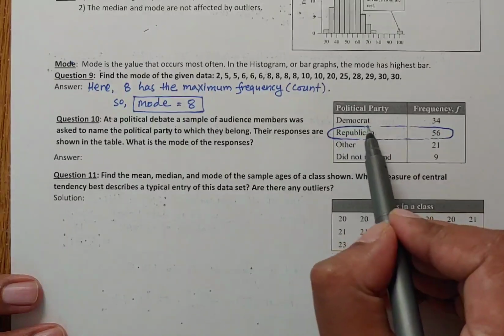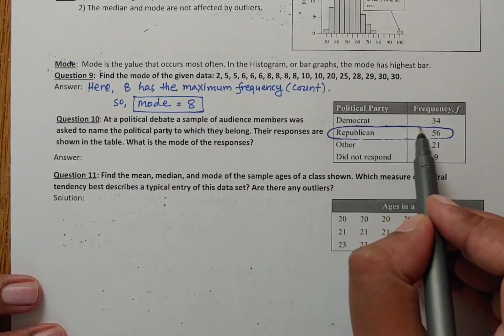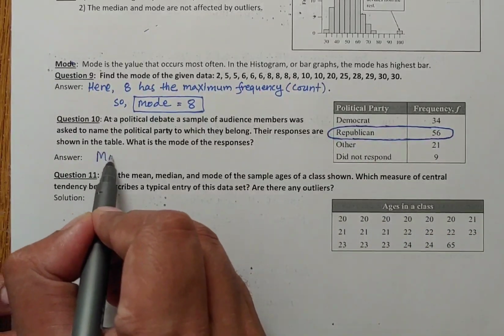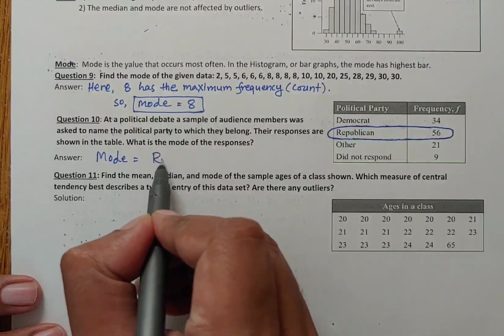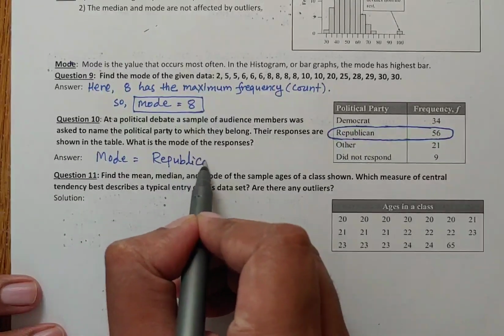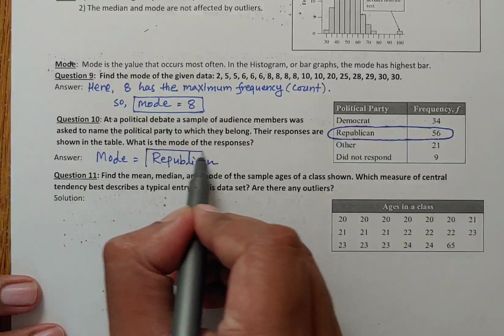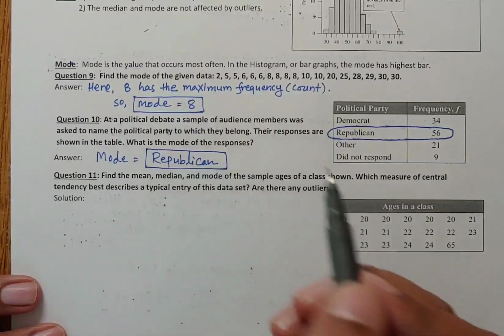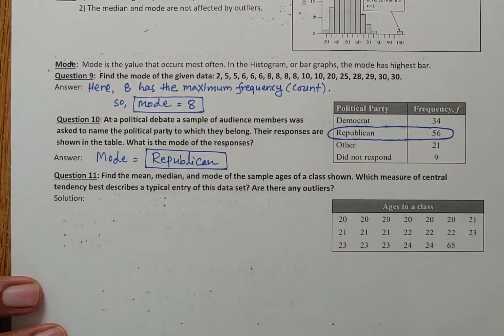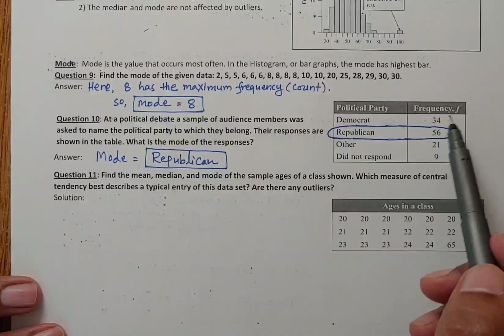So the mode is Republican, because that has the maximum number of counts, or votes, or frequency.